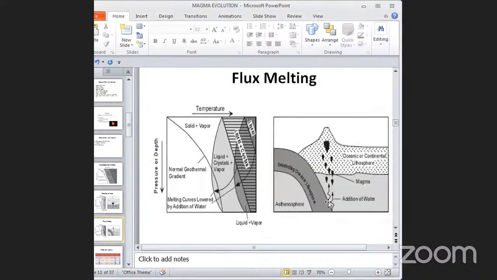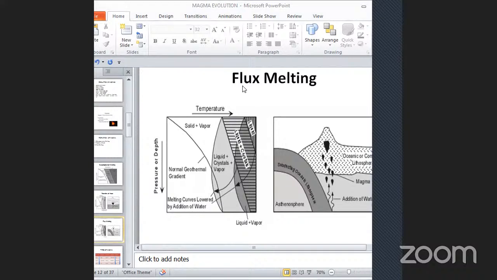The next one is flux melting. If water or carbon dioxide are added to the rock, the melting temperature is lowered.